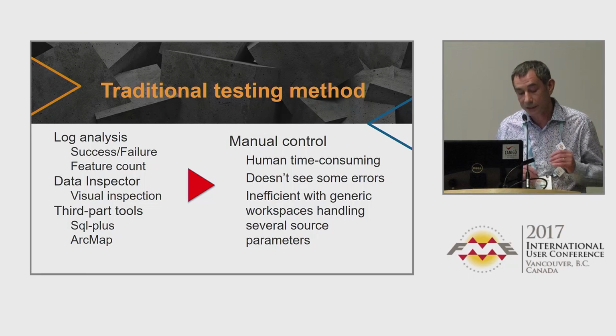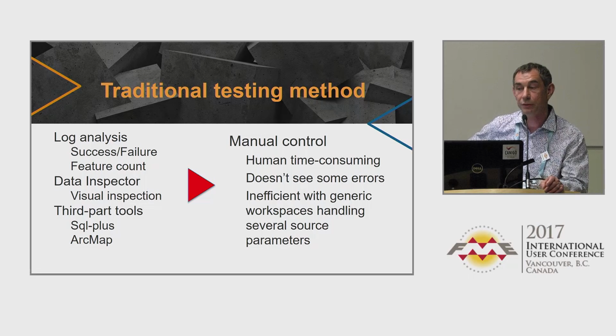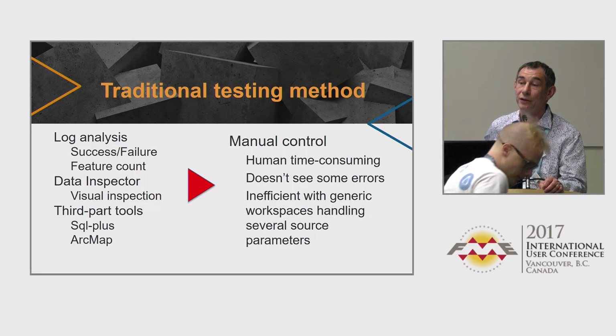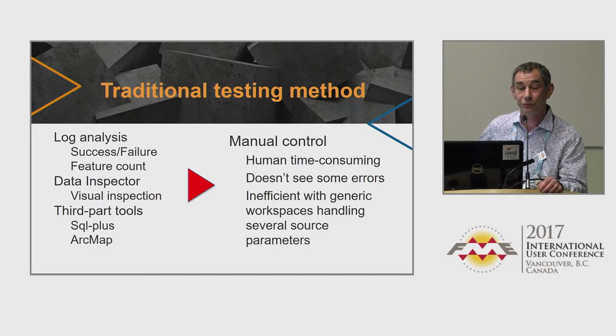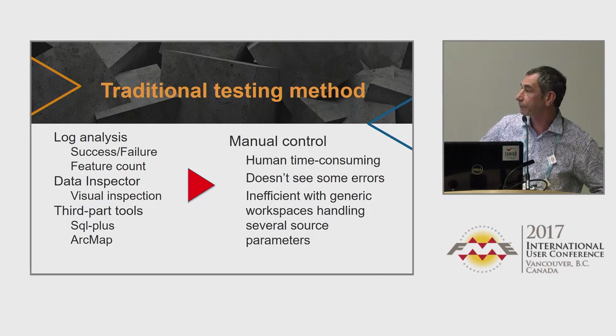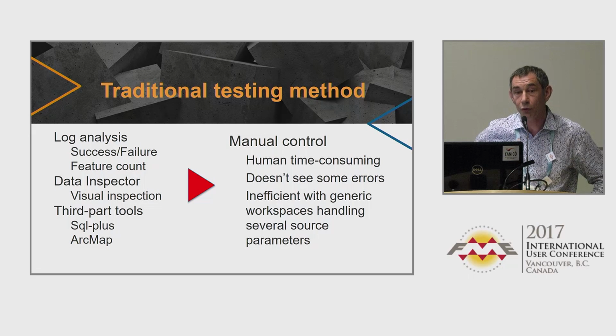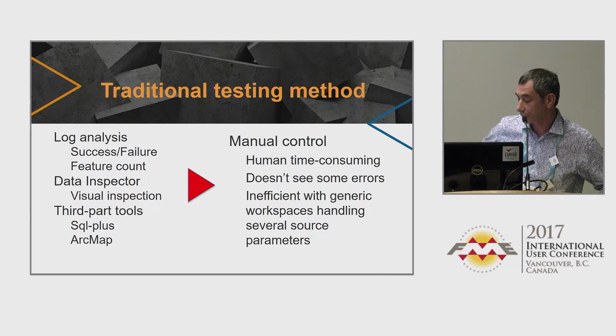In the case of the Caligio project, we had a lot of checks to make. We have dozens or even hundreds of checks to make. So it was not really a good thing for us to do it manually. So we looked for a way to automate those testing procedures.